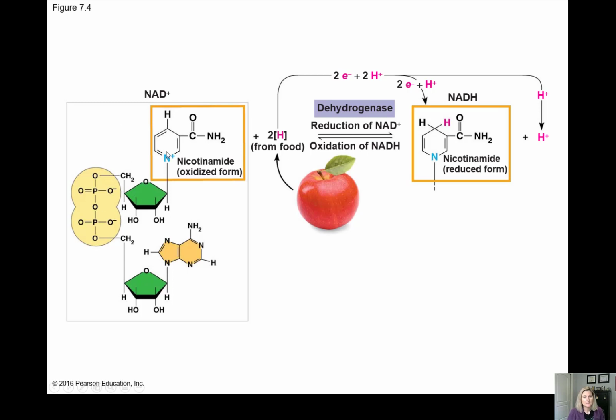So in gaining electrons through some sort of oxidation reaction, those electrons will be then added. So now we have the reduced form, which would be the NADH. So it's gained those 2 electrons. So now that NADH can then release those electrons. When it releases them, it's oxidized back to its NAD+ form to gain more.